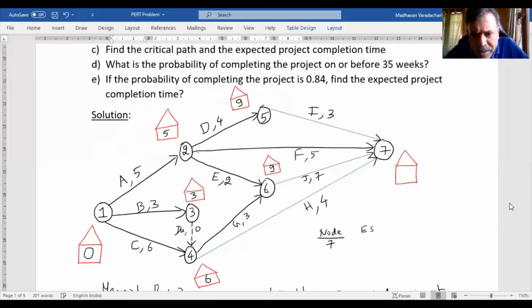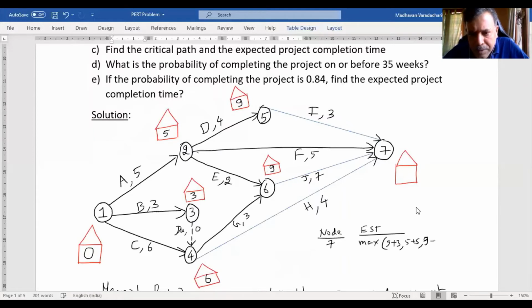Let me write this as EST equals maximum of what? If it comes from 5, it is 9 plus 3. So let me write 9 plus 3. Then if it comes from 2, it is, sorry, 5 plus 5. So 5 plus 5, let me write. If it comes from 6, it is 9 plus 7.